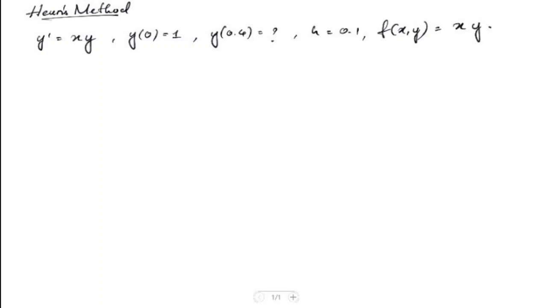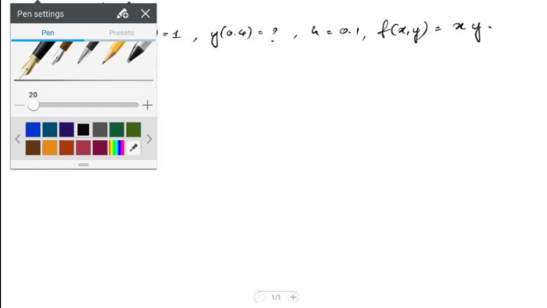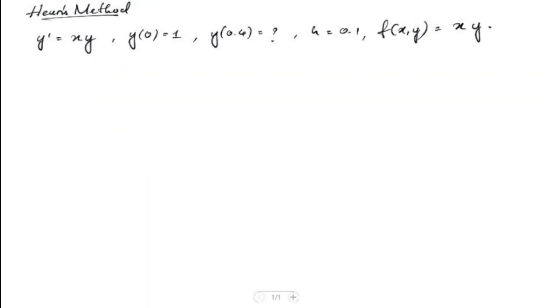So now let's write down our formulas for Heun's method. We have y i plus 1 equal to y i plus half times k1 plus 1/2 times k2, times h.